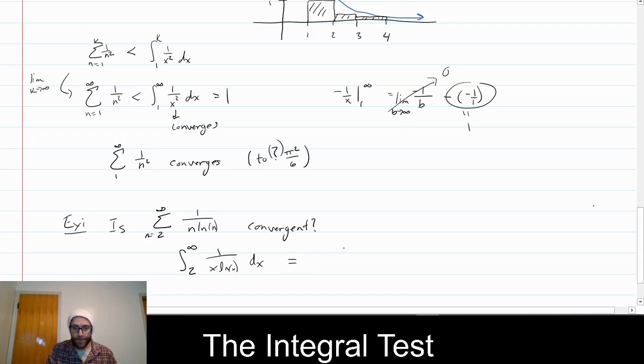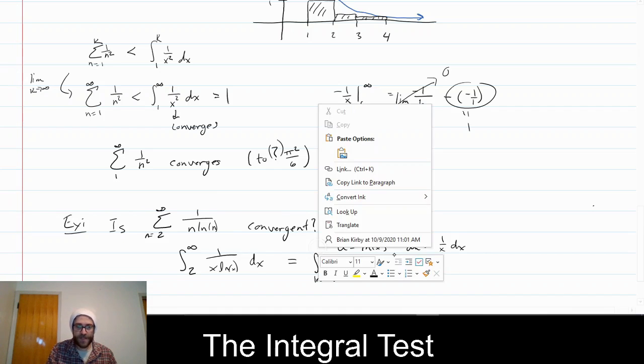And when we do that, we can make a u substitution. So u can be equal to the log of x, and du is going to be equal to, what's that, 1 over x dx. So the log of x transforms this bottom guy into the log of 2. And then the top part, the log of infinity, is still infinity.